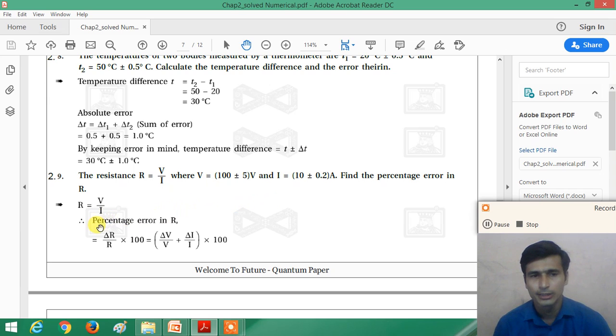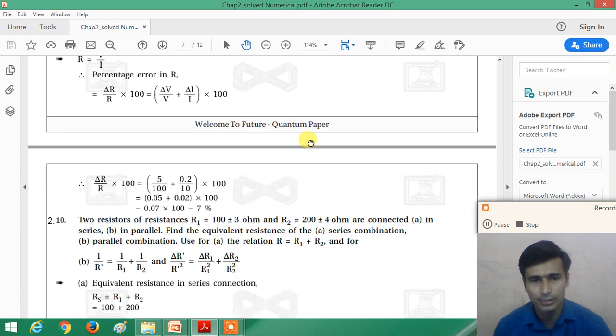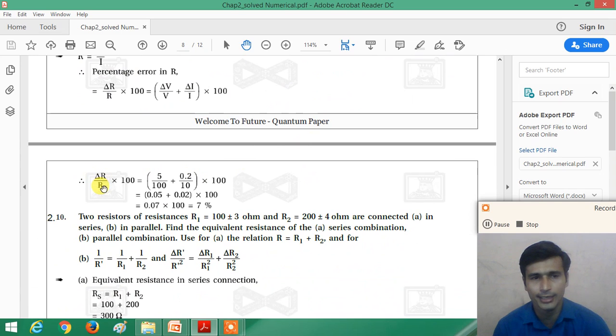So in this, R is equal to V divided by I. The percentage error in R, delta R by R multiplied by 100, is equal to the sum of the percentage error in V and the percentage error in I. So we write the percentage error in V, delta V by V multiplied by 100, plus delta I by I multiplied by 100.